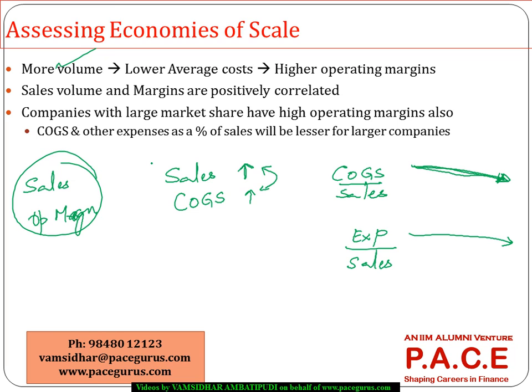Because when we are getting into the modeling process, especially when I have to forecast the cost of goods sold as a proportion of the revenues, if the company is exhibiting economies of scale, then probably I should not increase the cost of goods sold at the same rate as the increase in revenues.